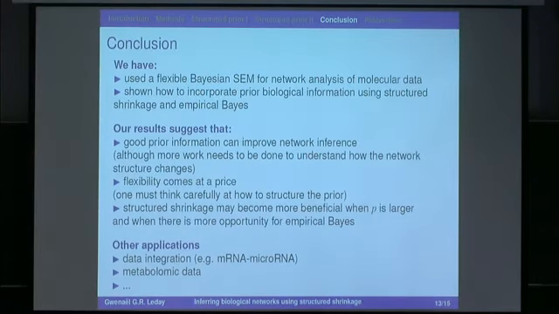So basically, we used a Bayesian SEM for network analysis of molecular data, and we have shown how to incorporate prior biological information using structure shrinkage and empirical Bayes, and how by splitting the problem into different regressions, you can basically let empirical Bayes kick in. The results that we have suggest that good prior information can really improve network inference.